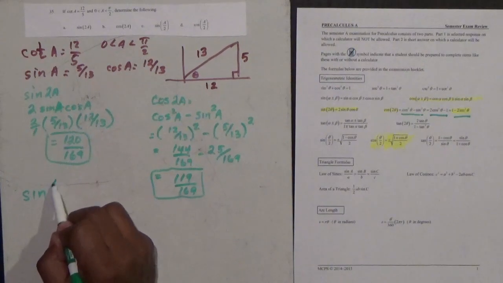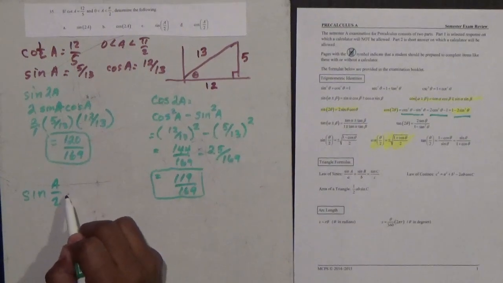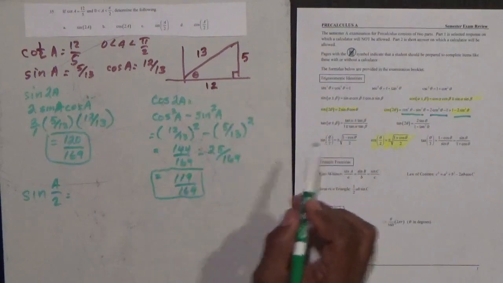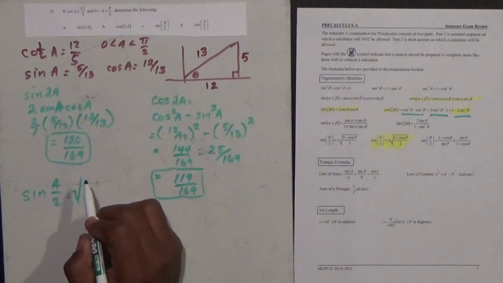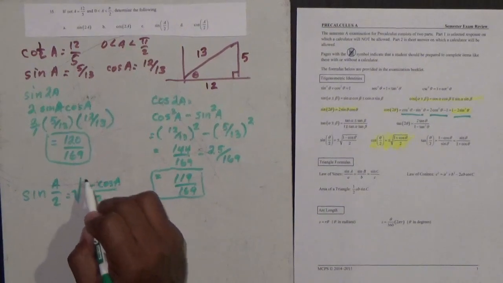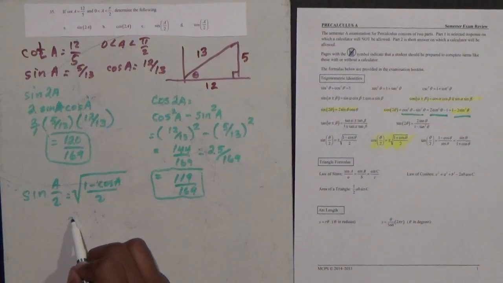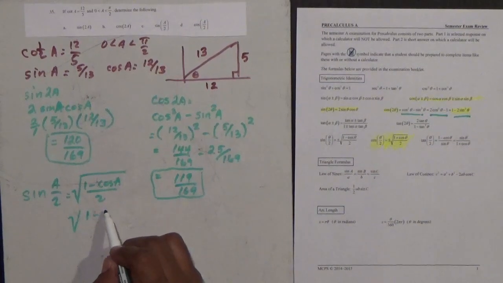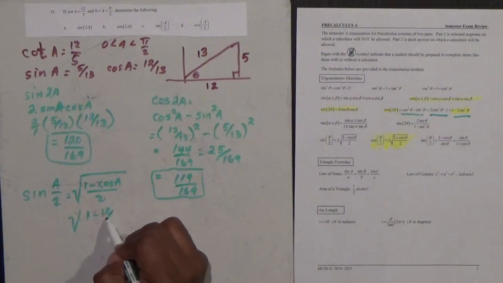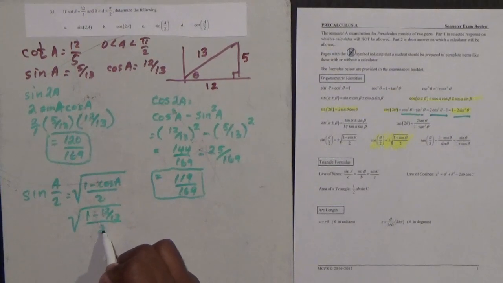Sine A over 2. All right, sine A over 2 is equal to the, well, we're in the first quadrant, so we're positive, the square root of 1 minus cosine A all over 2. I know what cosine A is equal to. It's 12 over 13. So I'm just going to take the square root of 1 minus 12 over 13, all over 2.